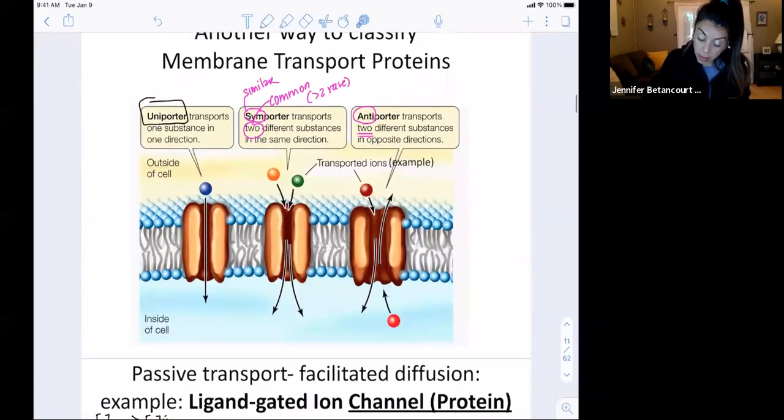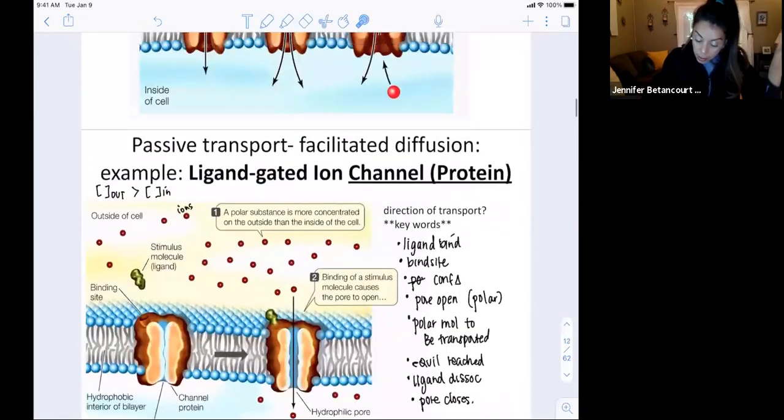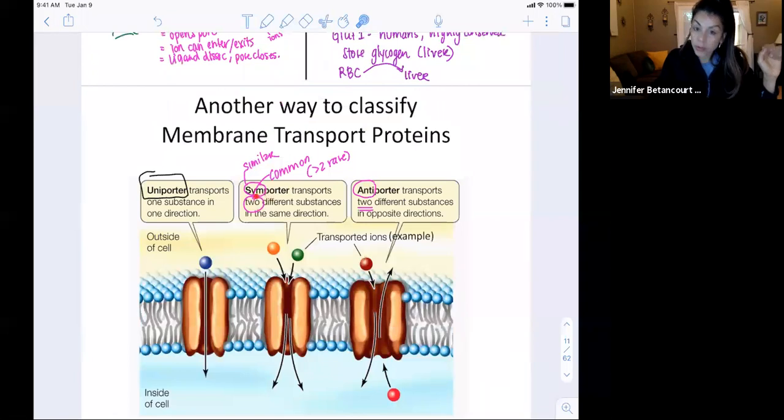A symporter transports two different molecules in the same direction, not necessarily out to in, just in the same direction. An antiporter is a carrier protein in the surface that transports two different molecules in opposite directions. I'll say mostly two different substances, but there are some fancy proteins in the surface of our cells that can do three. Crazy.